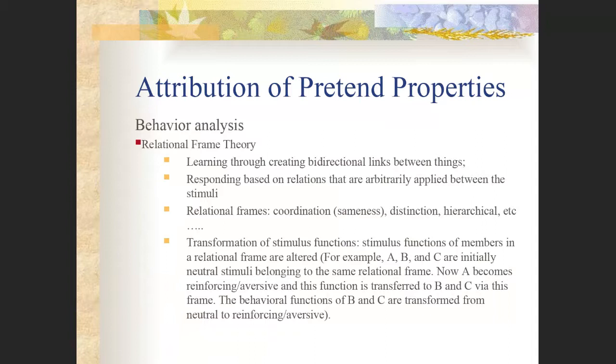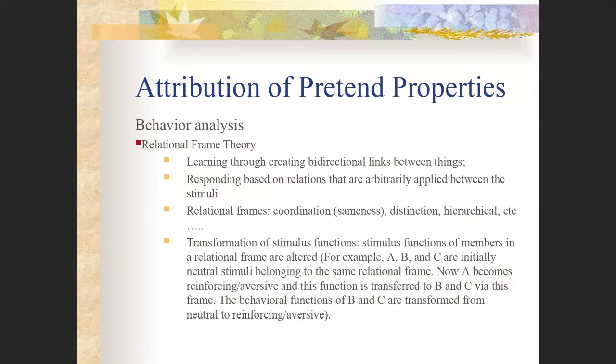We'll see how it goes. This one is as complicated. In our analysis, we use relational frame theory. I'll just go through the theory briefly, and then how we analyze this, and then how we developed the teaching procedure based on the analysis.